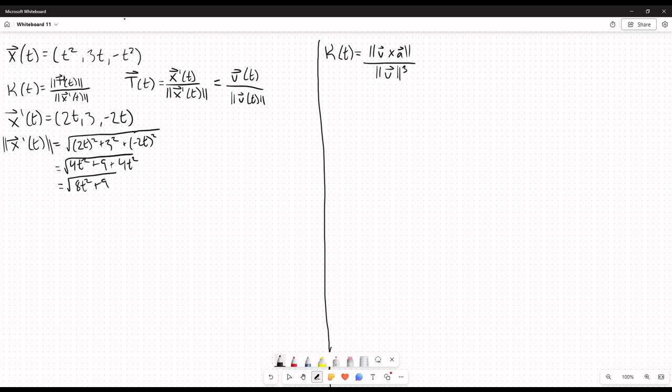So our unit tangent vector is going to be our original velocity vector, the derivative of x, with each component divided by that speed. So it's going to be 2t over the square root of 8t squared plus 9, 3 over the square root of 8t squared plus 9, and then negative 2t over the square root of 8t squared plus 9.